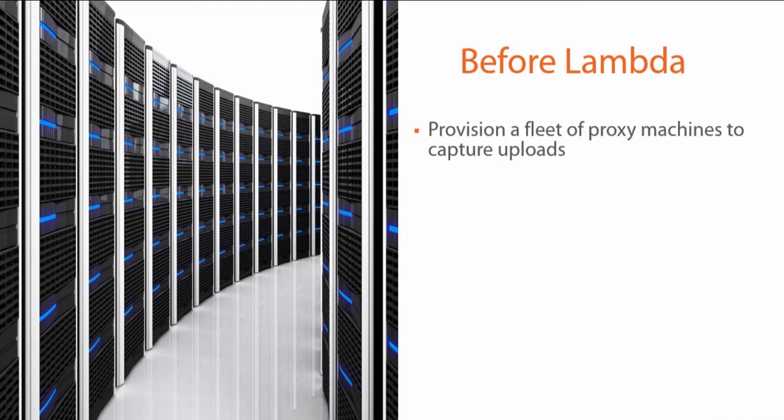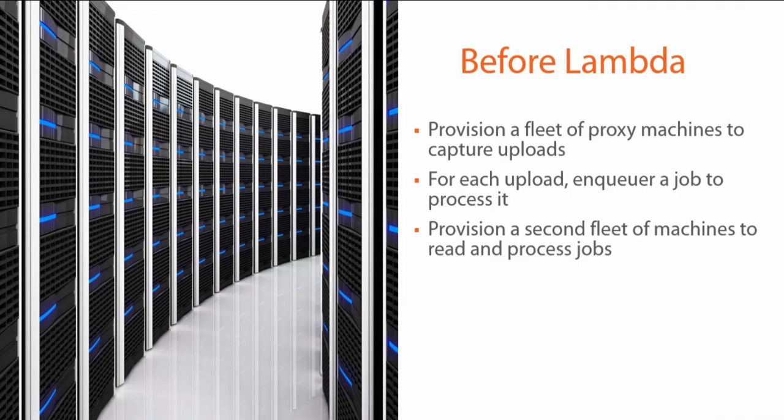That's the first thing you're going to need, right? So you're going to need a bunch of machines that capture that upload. For each upload, you're going to have to enqueue a job and then process it, right? Now, you're going to have to provision a second fleet of machines in order to read and process the job. Now, keep in mind how many machines we're talking about here. It could be as little as 1 or 2, or it could be 10, 20, 200.